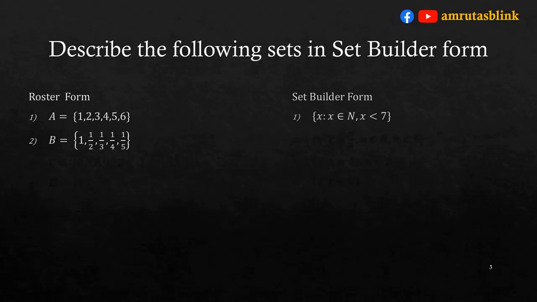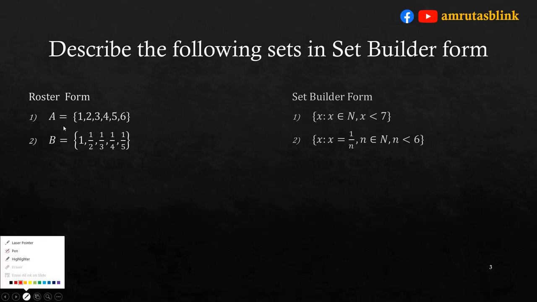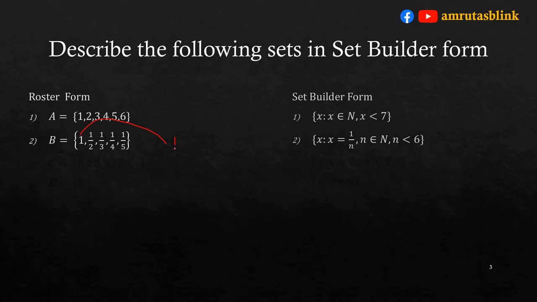Now next question, B is equal to 1, 1 by 2, 1 by 3, 1 by 4 and 1 by 5. Now if you observe, from the second element onwards, the denominator of all these fractions is increasing by 1 where the numerator is always 1. For the first element in the set, it is 1. We can also write this 1 as 1 by 1.